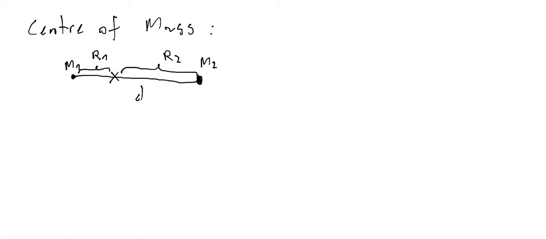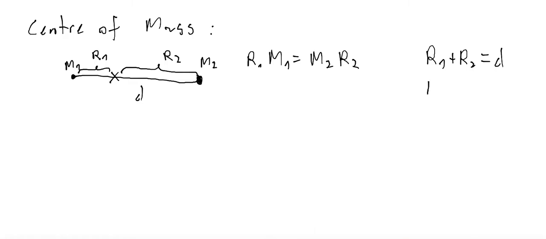So basically, for the center of mass, at distance r1 from mass m1, r1 times m1 is equal to m2 times r2. Okay, so of course we know that r1 plus r2 is equal to d, so we can express this center of mass by, let's say, d and r1.